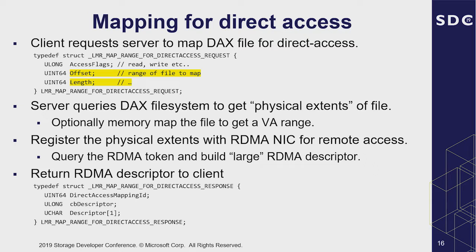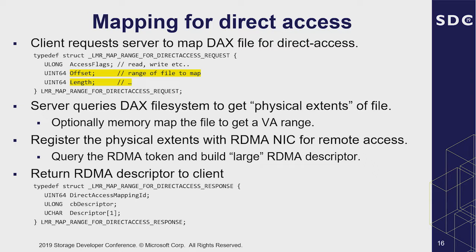Now, the third step, once you get the physical extents for the file, you register it with the NIC. Once you make the registration, you get back a registration handle, and then you query the RDMA token, the memory region token, a remote token for that region. Then we use that token plus the offset and length to build an RDMA descriptor.